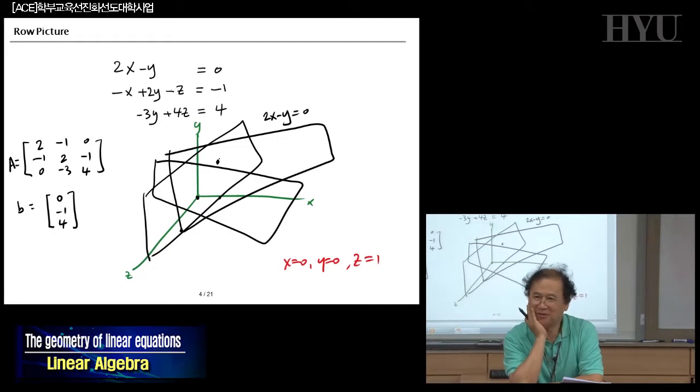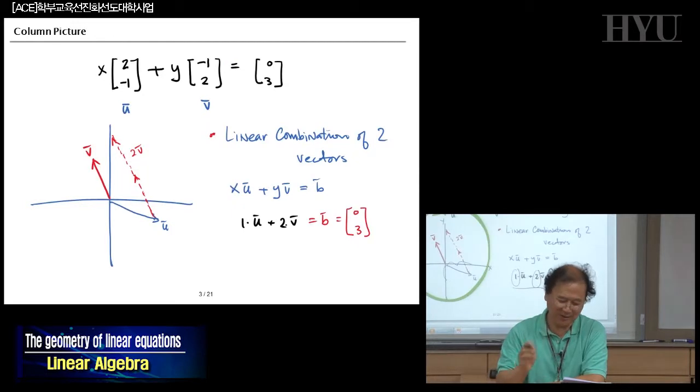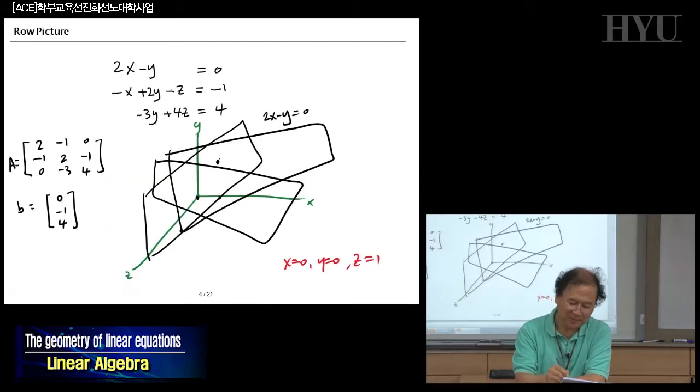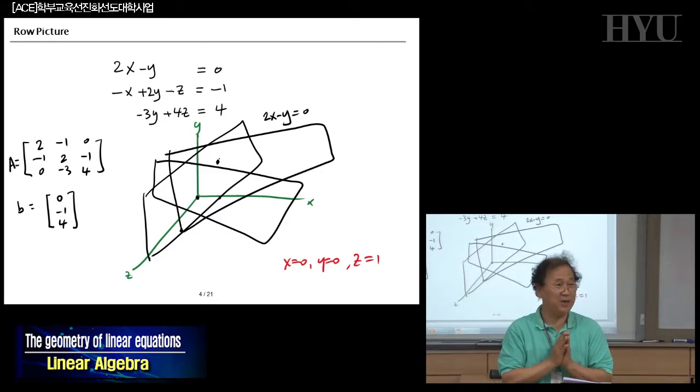So when you have 2 dimensions, there are nice diagrams, right? With 3 dimensions, it's not so nice. Let's think about this first equation. It's 3 dimensions, X, Y, Z, right?